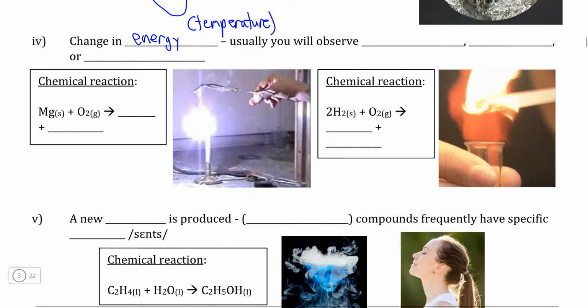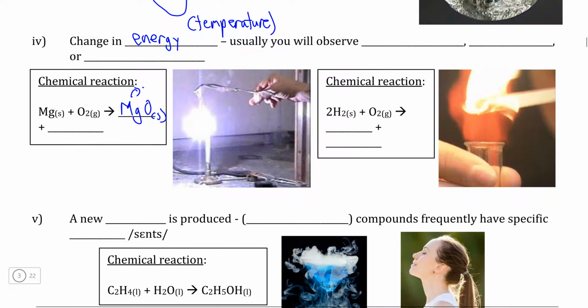So if we take a look at the two sample reactions, one of which is the burning of magnesium metal in the presence of oxygen gas, and you can actually buy magnesium that comes in thin wire strips, and if you burn this in a hot enough fire, it will produce a distinctive white powder, magnesium oxide.